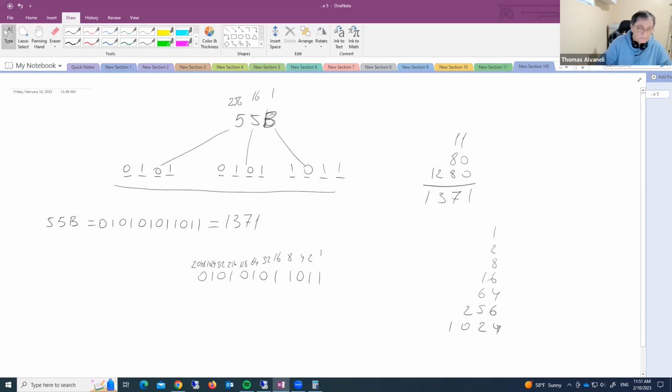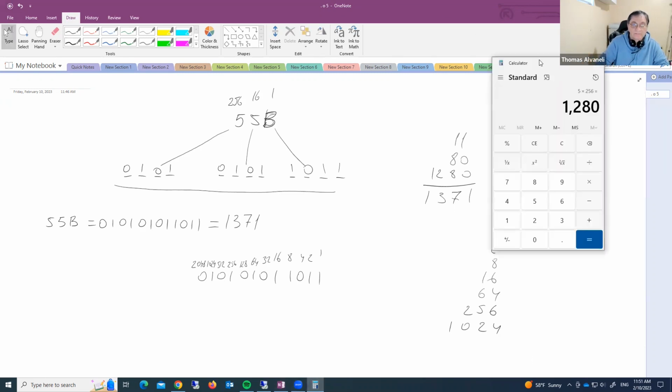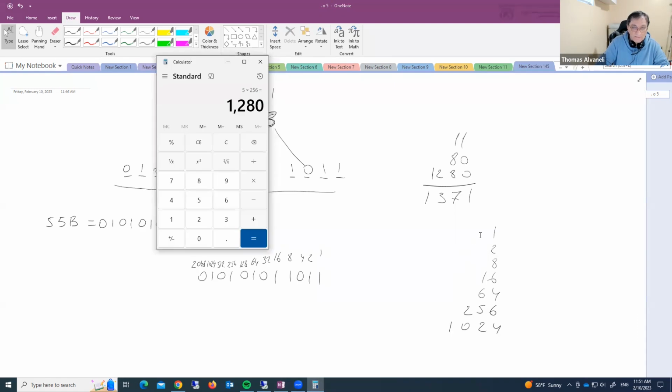Let's use the calculator and add those values: 1 plus 2 plus 8 plus 16 plus 64 plus 256 plus 1,024.